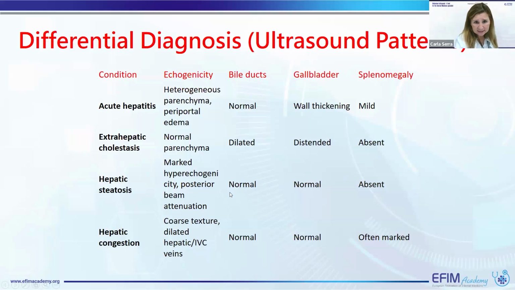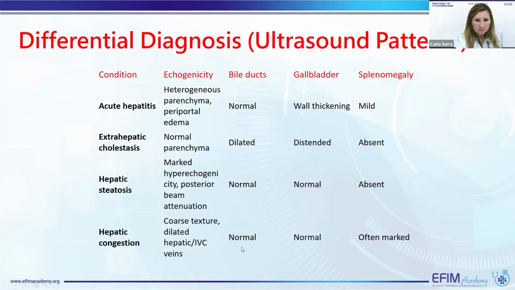And you can see that sometimes the echogenicity is different, in particular in hepatic steatosis, in which we have the typical bright liver. But in this case, we have the typical findable gallbladder, and in case of hepatic congestion, we have an important sign that is the dilatation of the hepatic veins and the inferior vena cava.